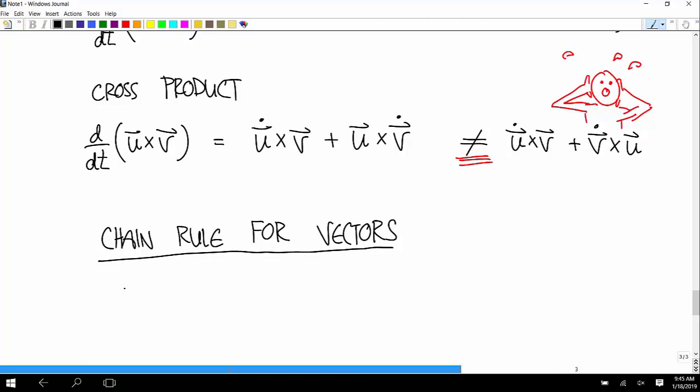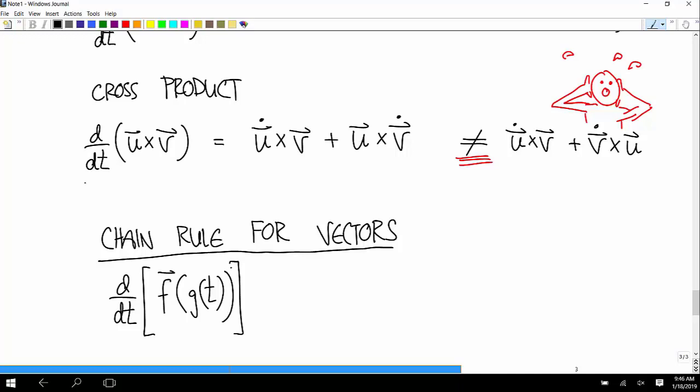The way this is going to come up is, say that you're taking a derivative of a vector that's a function of a function of time. So f is a vector function.